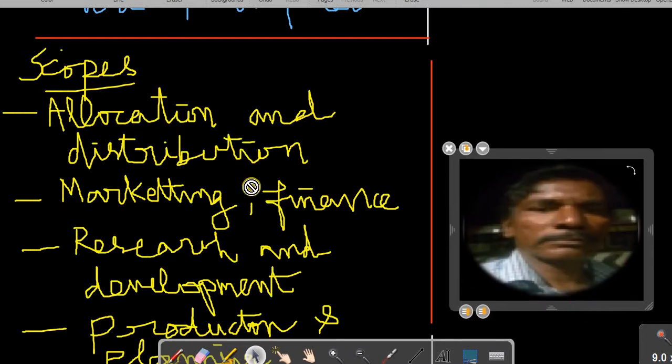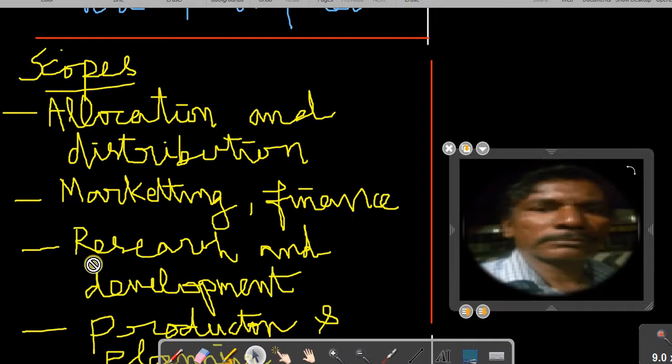Allocation and distribution is one scope of operation research, meaning it can be applied in allocation and distribution situations. This is very useful in the management environment. Second, marketing and finance. Operation research is very useful in marketing and finance.